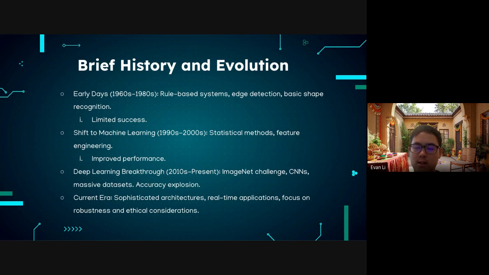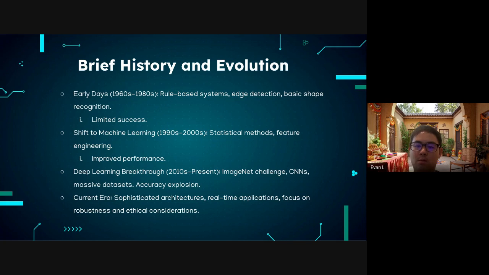The 1990s and 2000s marked a crucial shift towards machine learning methodologies. Statistical methods and feature engineering techniques such as scale invariant feature transform, SIFT for short, and the histogram of oriented gradients, or HOG for short, emerged, leading to noticeable improvements in performance and robustness.